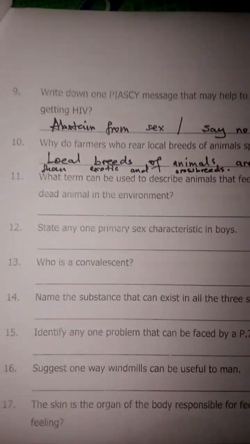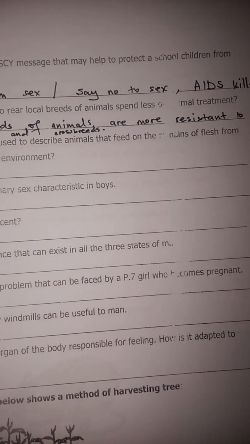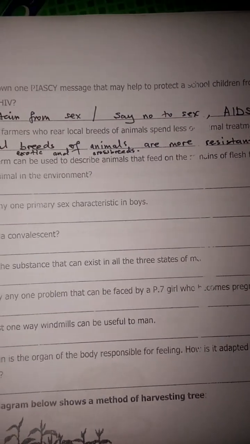So that is why a farmer who keeps local breeds spends less on animal treatment.